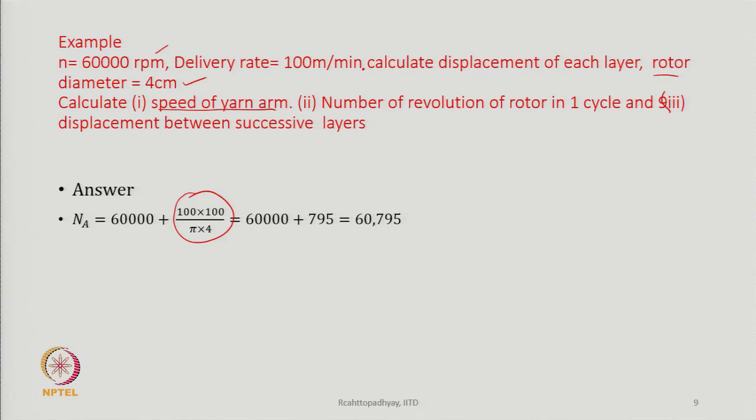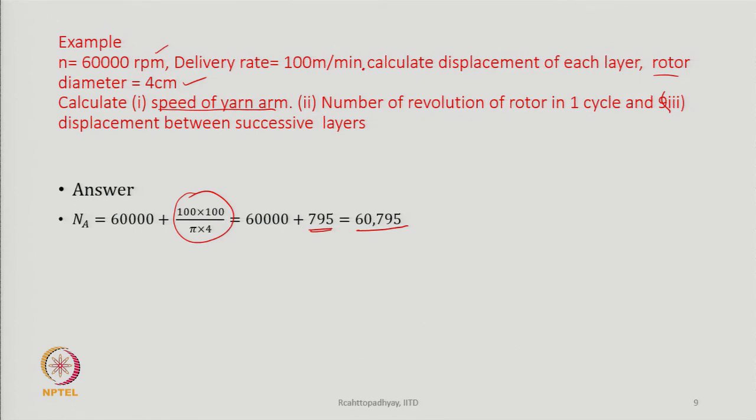We multiply by another 100 to make it centimeters per minute, and then divide by the circumference of the rotor, which is pi into 4, and that gives you a figure of 795. Total is 60,795, that is the actual speed of the yarn arm.